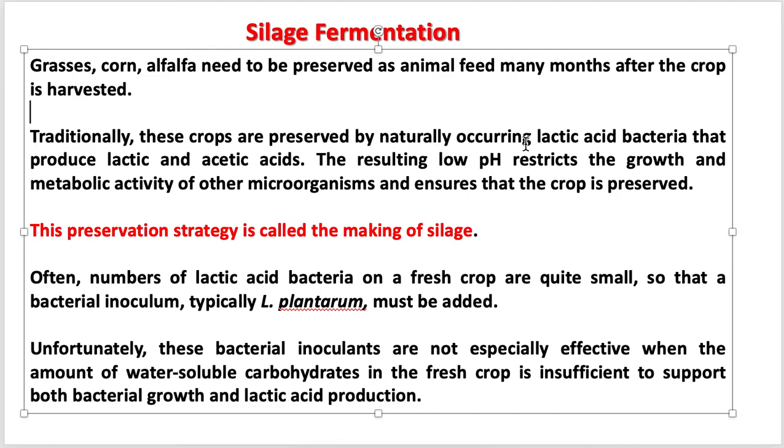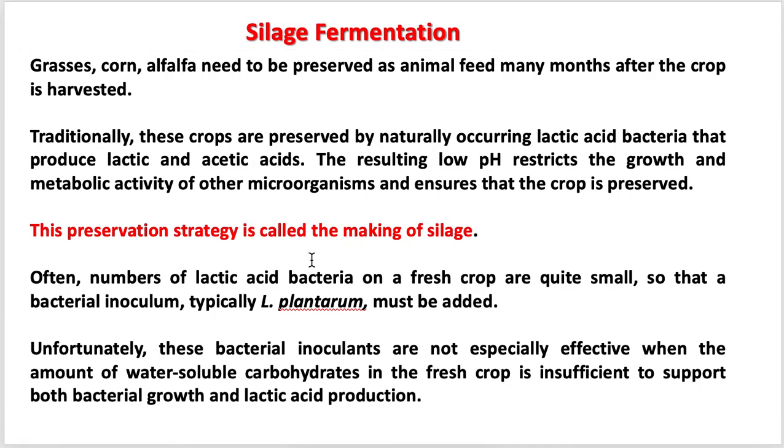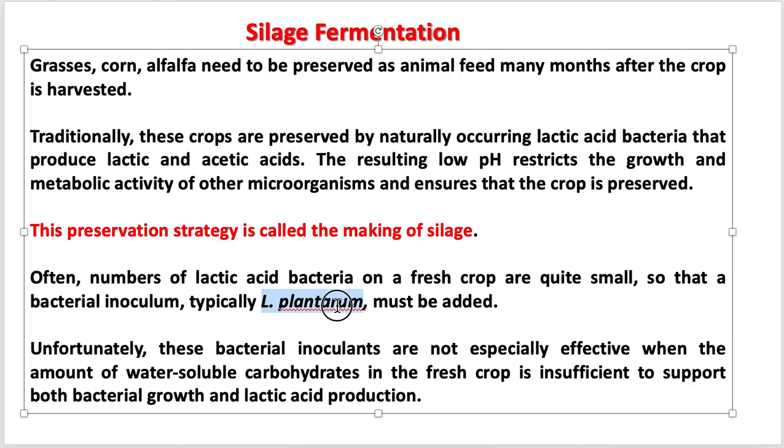Now this has some problems. What problem? One, these crops usually don't contain a high amount of lactic acid producing bacteria, so we need to use an inoculum of lactic acid bacteria, typically L. plantarum. Lactobacillus plantarum is used to preserve this crop.